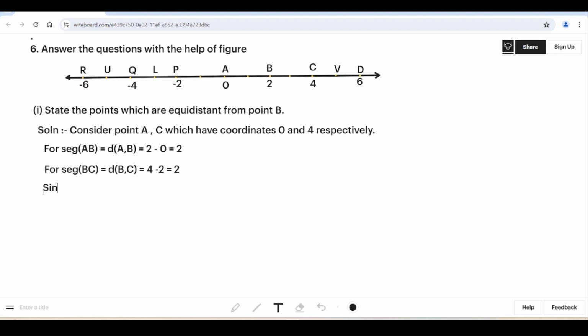Now since segment AB is equal to segment BC, therefore we can say points A and C are equidistant.